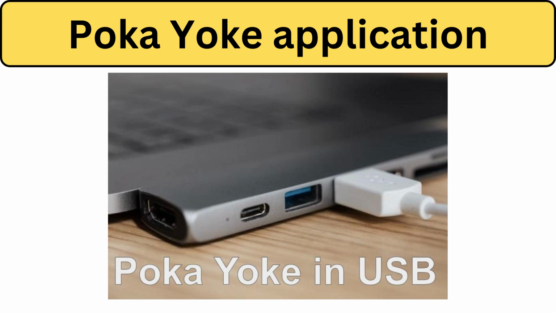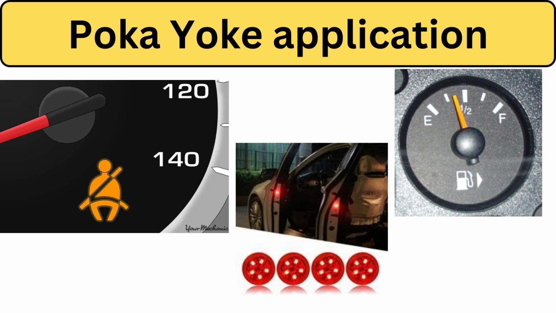If we see the application of Poka Yoke in day-to-day life, you can see the USB port, as we discussed. In an automobile, if you are not wearing the seat belt, a signal pops up, and if the door is open, at that time also a signal pops up. Fuel level also gives a signal.